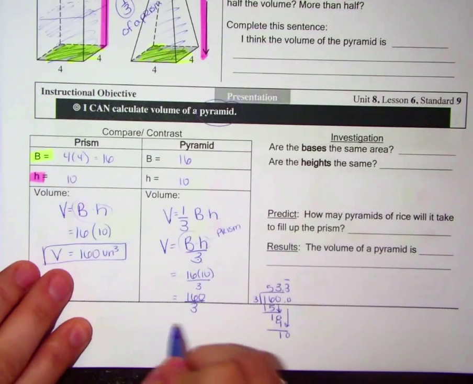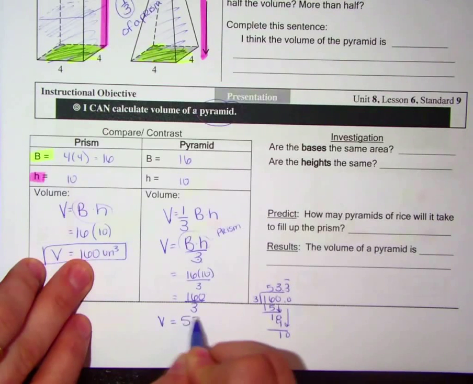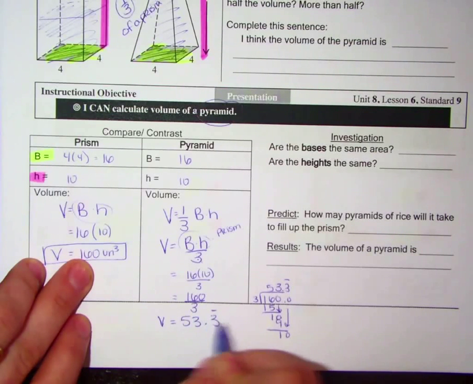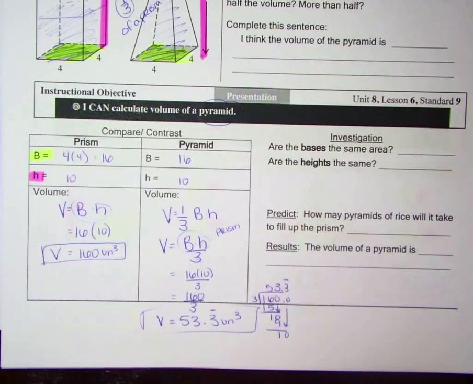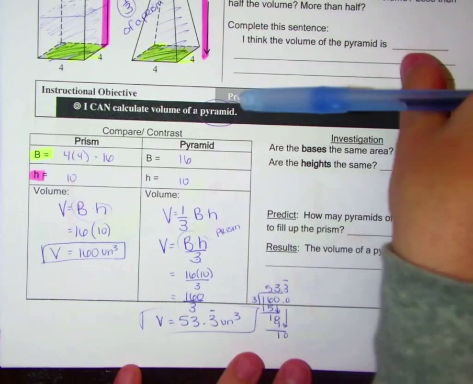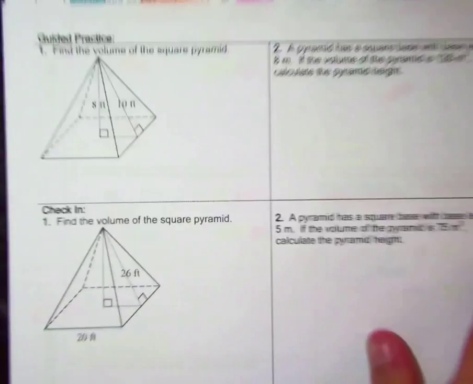So the volume of the pyramid is 1/3 this volume, which is 53.3 repeating units cubed. Okay, so the volume of the pyramid is 1/3 the volume of a prism. Let's go ahead and do 2 more examples.